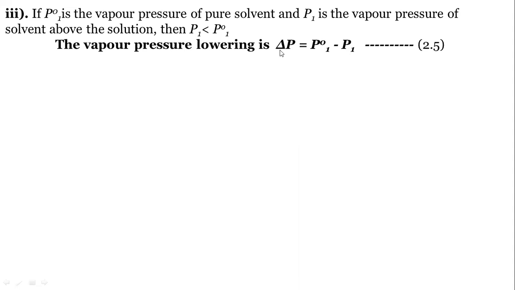So delta P is equal to P01 minus P1. P01 is always higher than P1. So this equation, delta P equals P01 minus P1, is the lowering of vapor pressure.